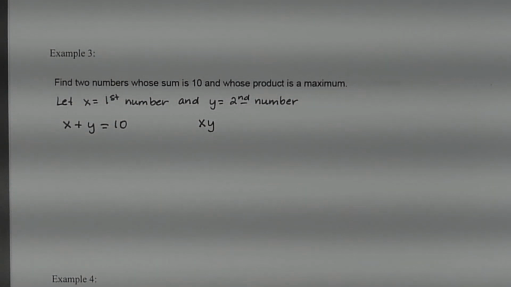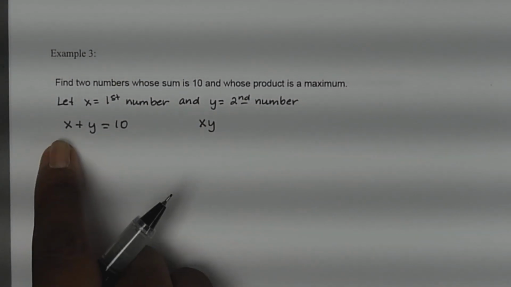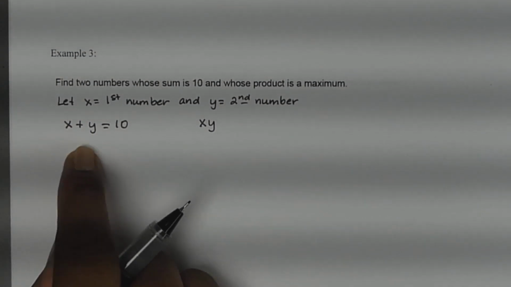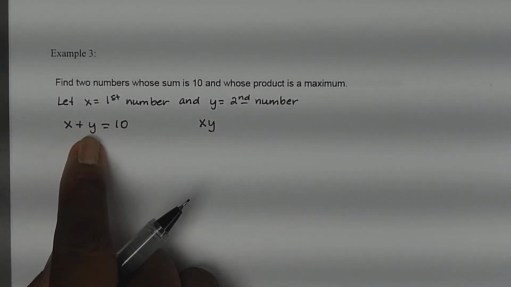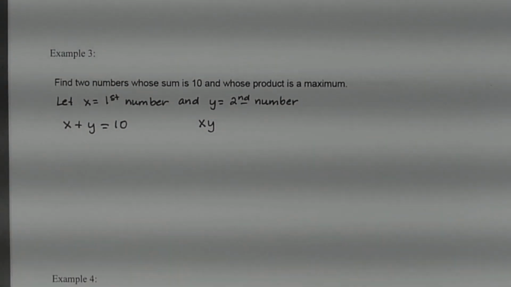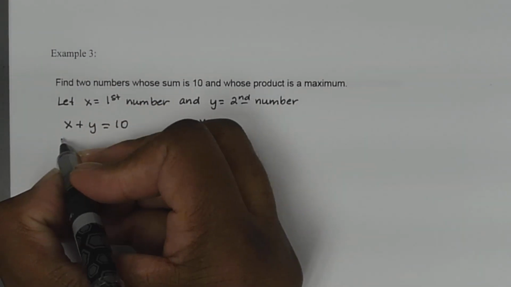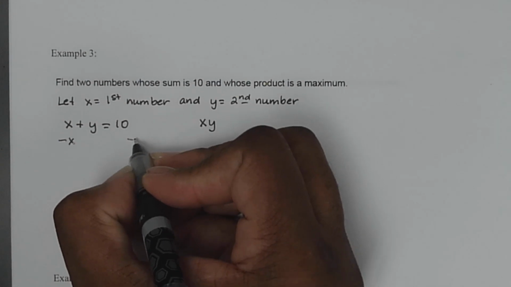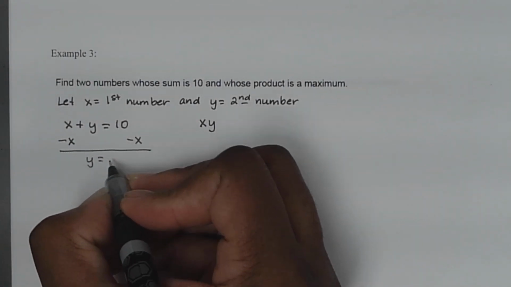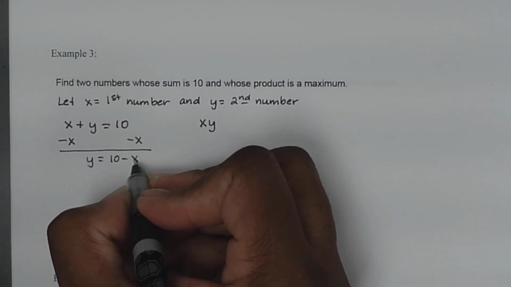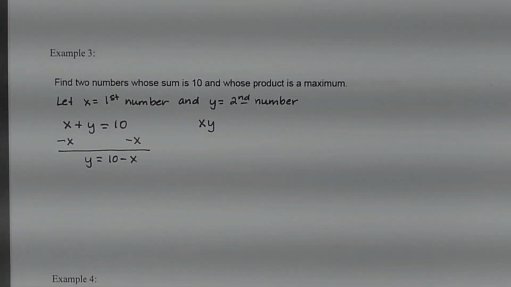All right, so what I'm going to do here is take that x plus y equals 10 and solve that equation for y. So I'm going to move the x over by subtracting x on both sides of this equation. So that means I'll have y is equal to 10 minus x.